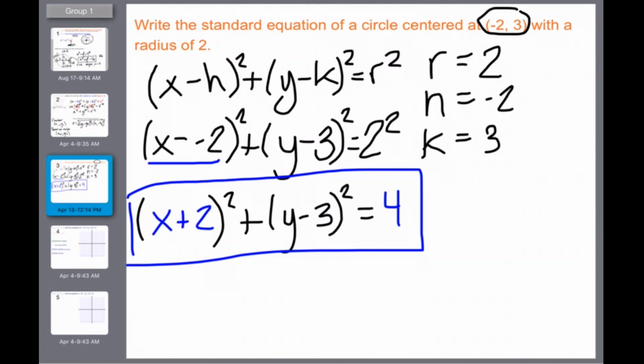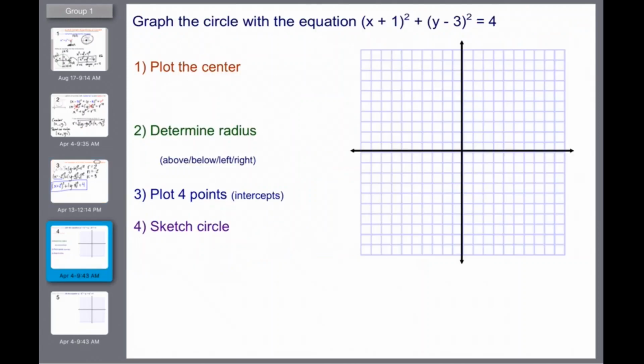All right, so next we're going to be taking a look at some graphing aspects. I do have all of the directions off to the side here. First, you want to plot the center of your circle. Then you want to determine the radius, so how long the radius is going to be. Then you can plot your 4 points.